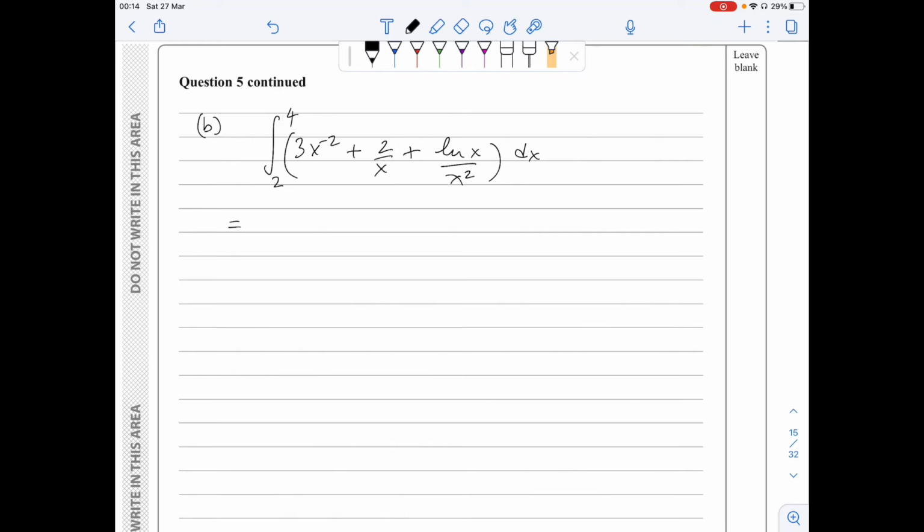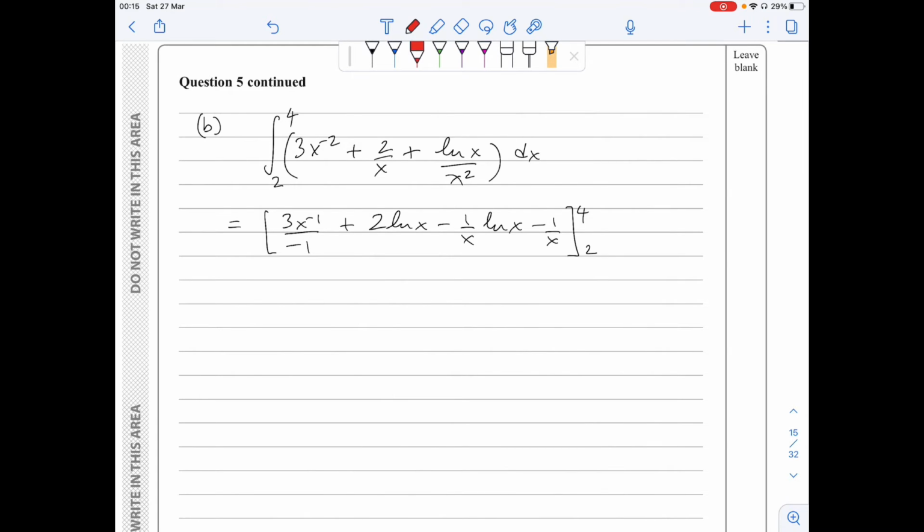So the integral becomes 3x^-1 over -1 plus 2 ln x, and then I have my result from part A, which is -1/x ln x - 1/x, between 2 and 4.